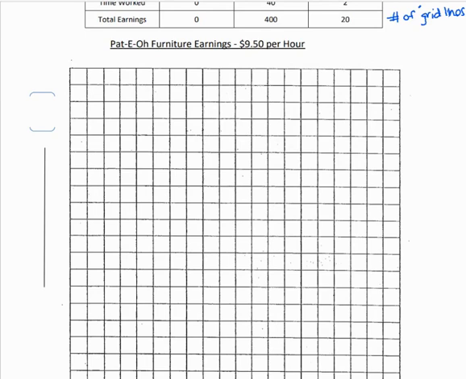So who can tell me what goes on this blank line on the very bottom of our graph? What label? What does the bottom of our graph represent, everybody? Hours worked, right? Hours worked, exactly.